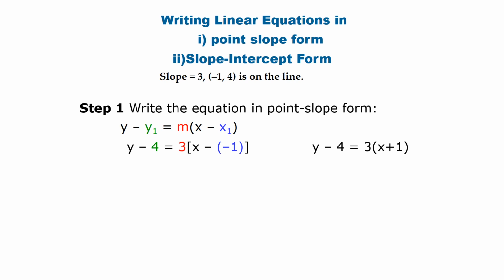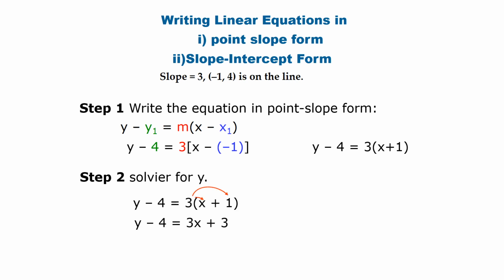Step 2, we have to find y alone. To get slope intercept form, you have to find y alone on the left hand side. So before that, we have to apply the distributive property on the right hand side. Then y minus 4 equals 3x plus 3.